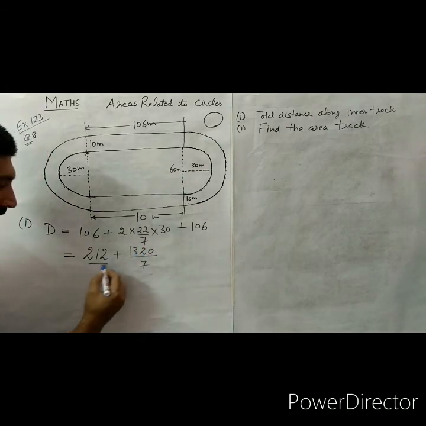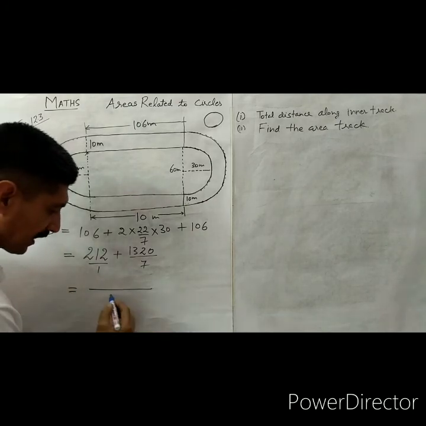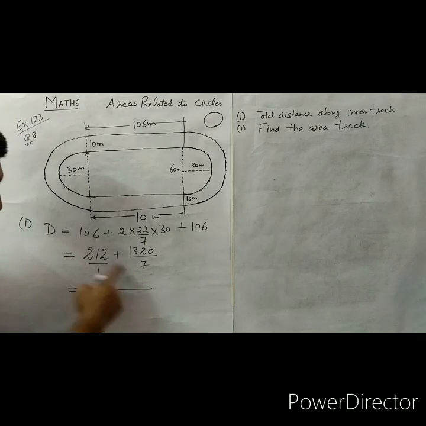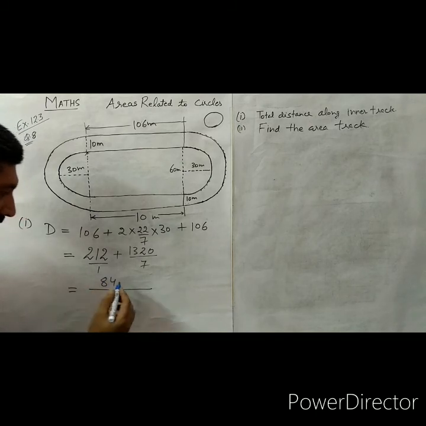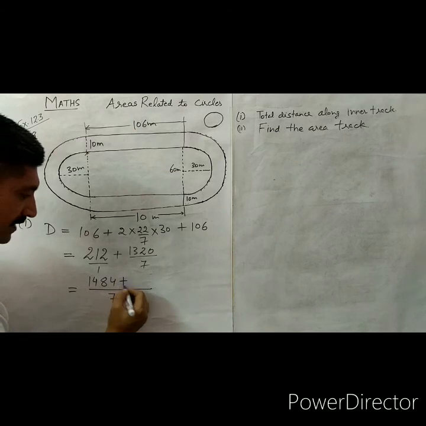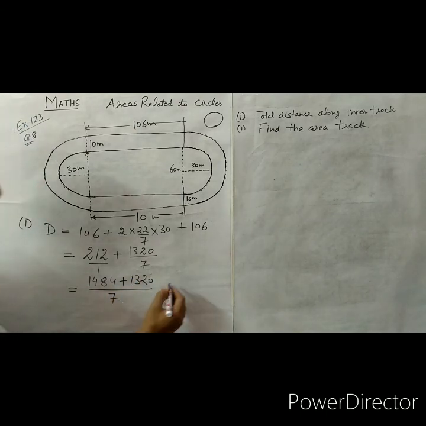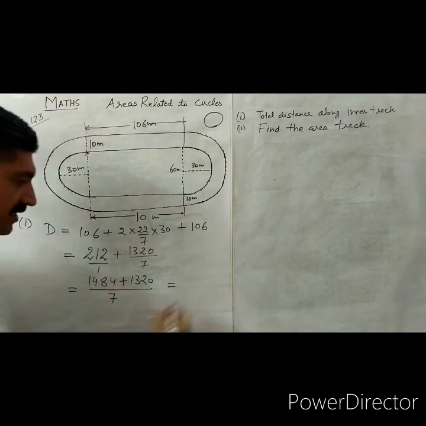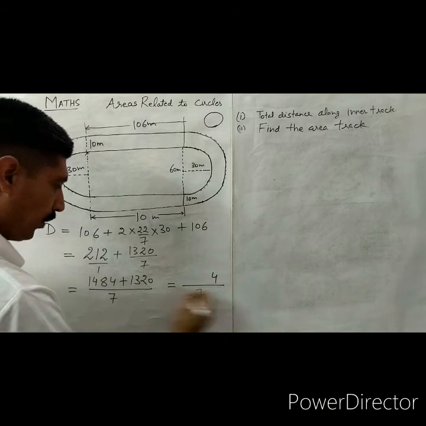So taking LCM, we have 7, 2s are 14, 7 1s are 7 plus 1, 8, and 7 2s are again 14 plus 1320. So here the total distance along the inner track is 40.